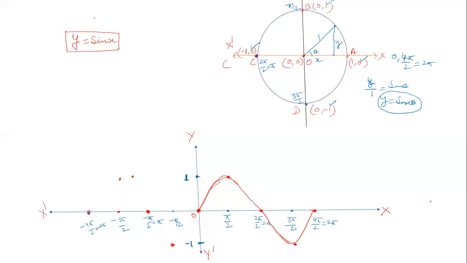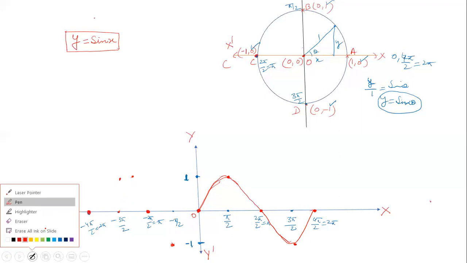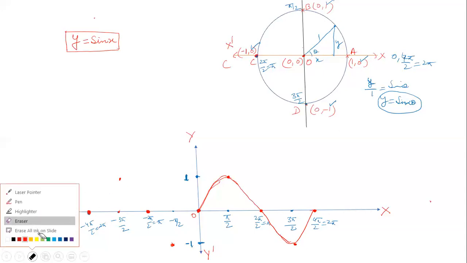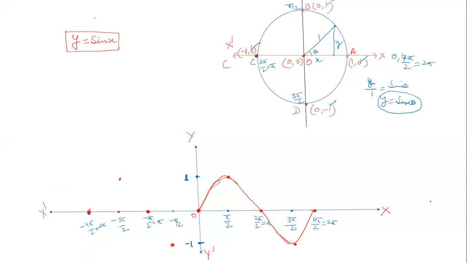And at minus 2 pi, it will be 0. Again joining them with the help of free hands, you will get a graph like this.